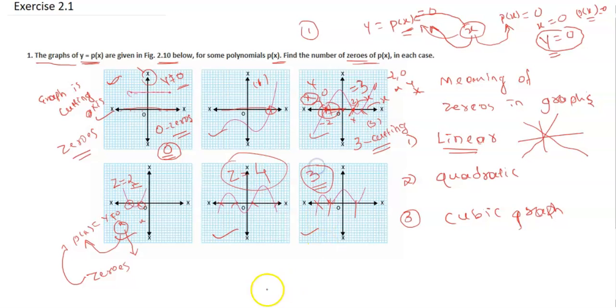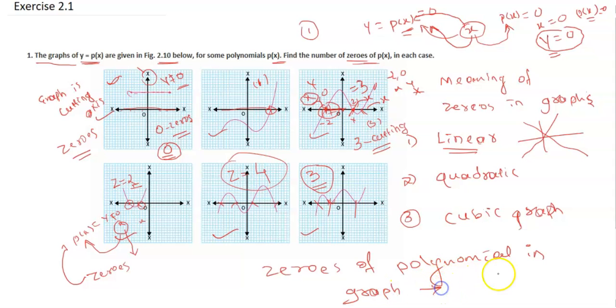I hope you understood. If you want to find the zeros of a polynomial in a graph, just look at how many times the graph is cutting the x axis.